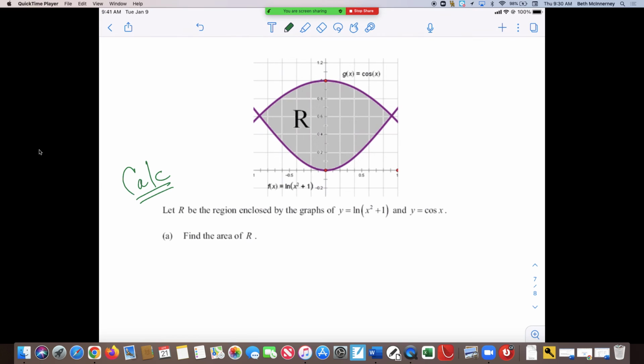Once you find your points of intersection, go ahead and write the integral that would represent the area and calculate the area.